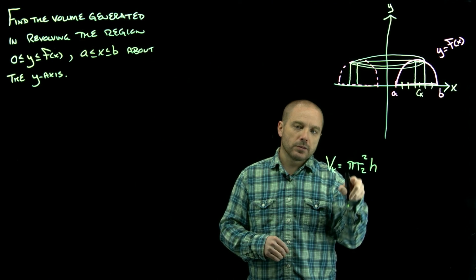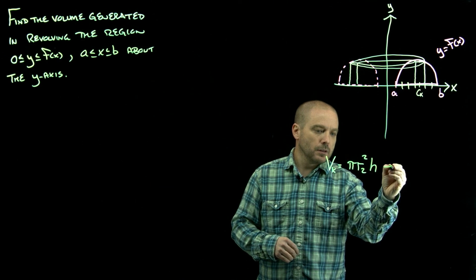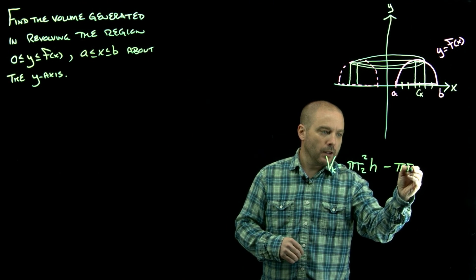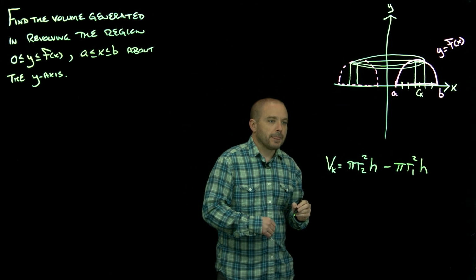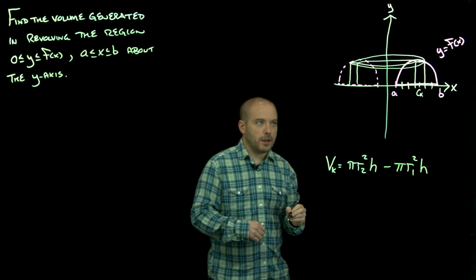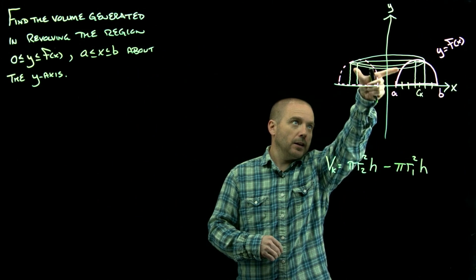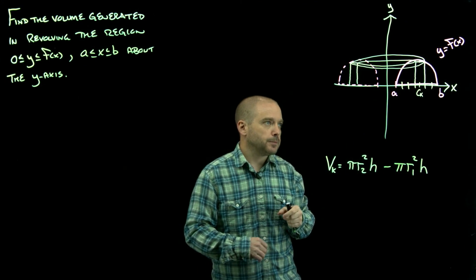That's just the equation for the volume of a right circular cylinder. And then take away pi r1 squared h, the volume of that inner cylinder that's cut out.